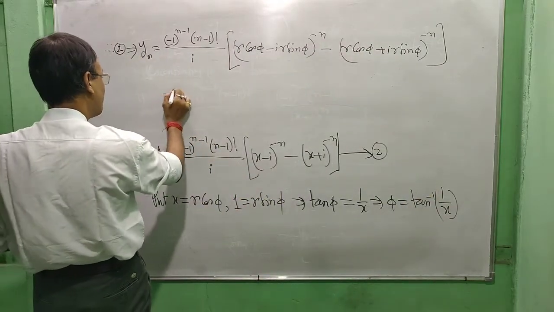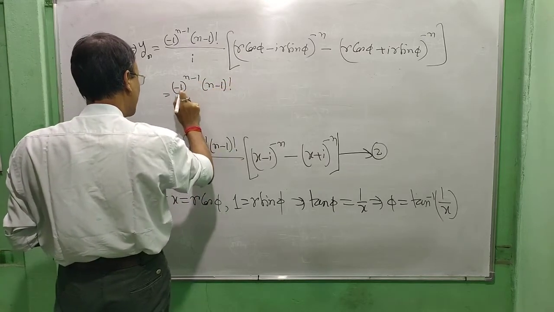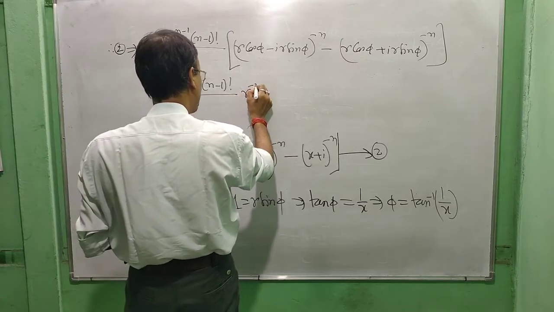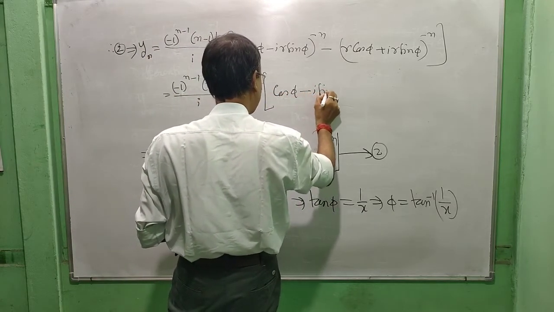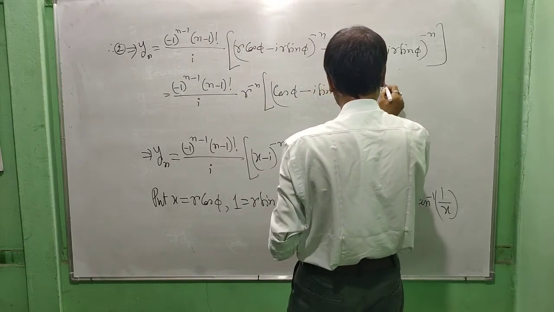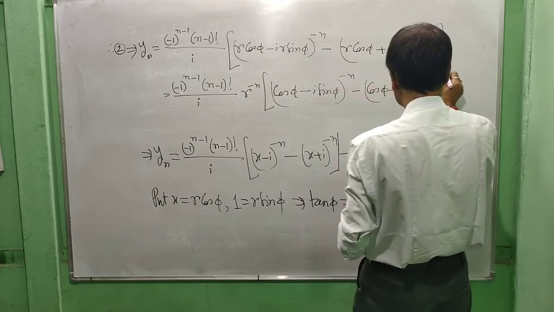This is equal to minus 1 to the power n minus 1, factorial n minus 1, divided by i, times r to the power minus n, times (cos phi minus i sin phi) to the power minus n minus (cos phi plus i sin phi) to the power minus n.